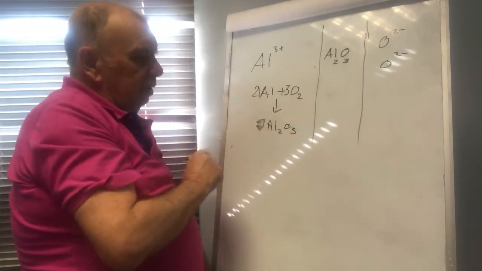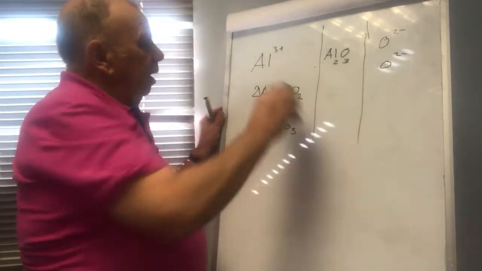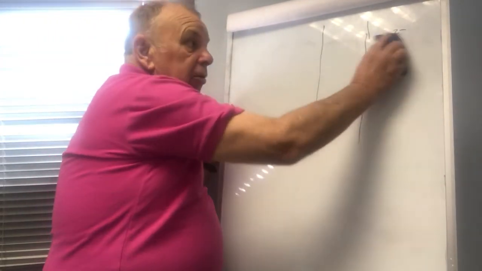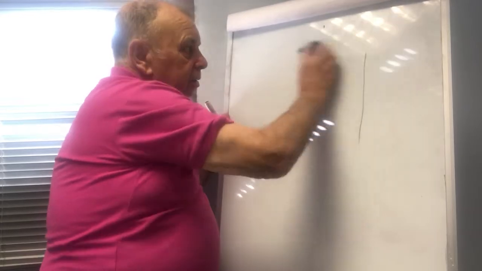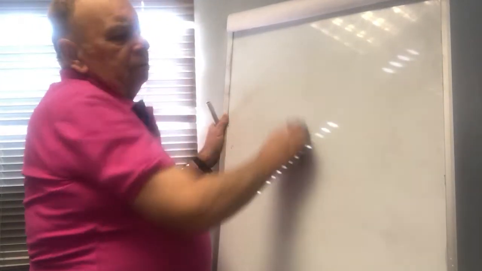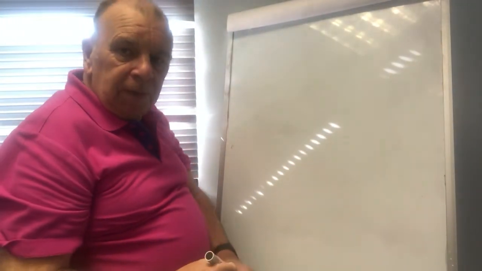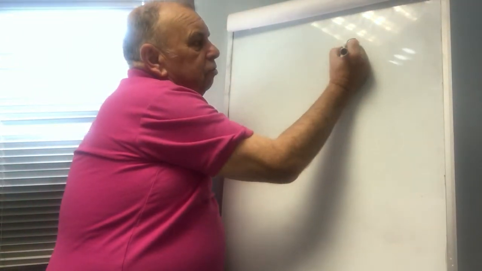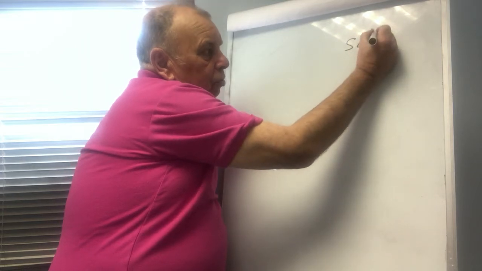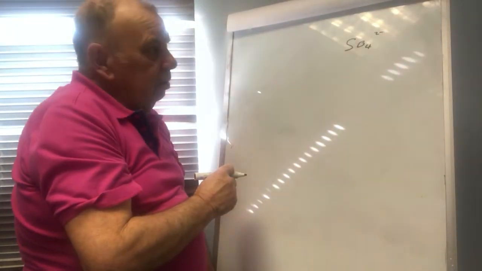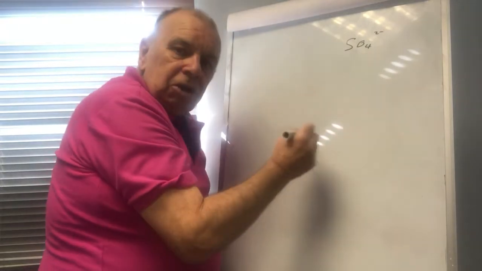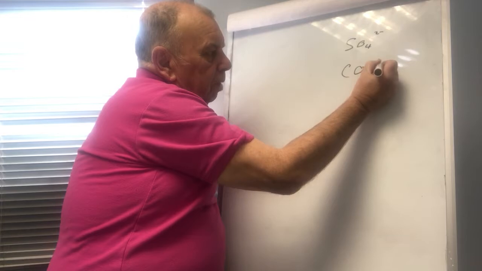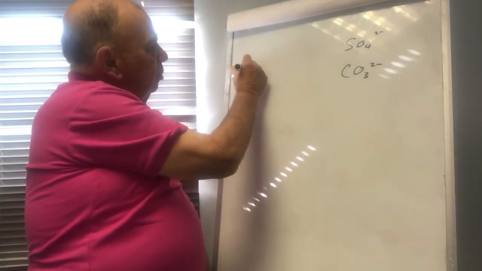I'm balancing it now, and Al2O3 is the formula of aluminium oxide. Let's look at another one. Another anion is the sulfate group, SO4 2-, and another one, the carbonate group, CO3 2-.